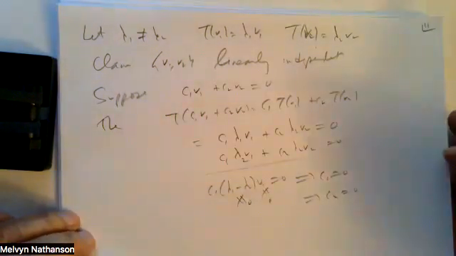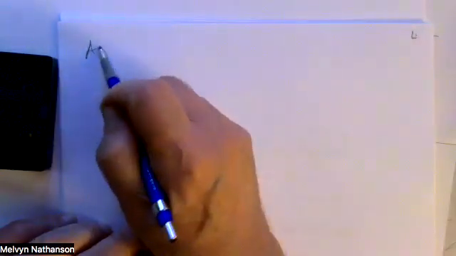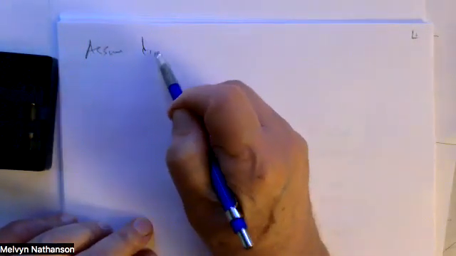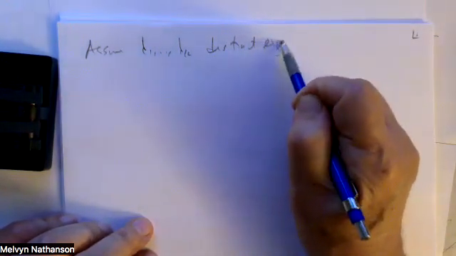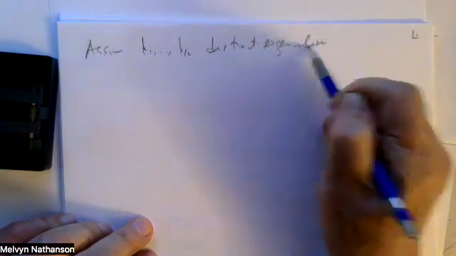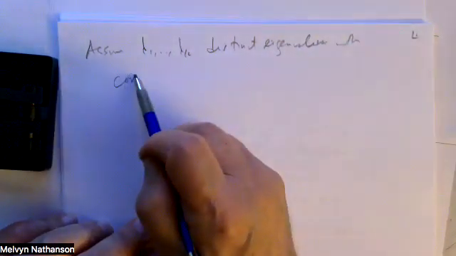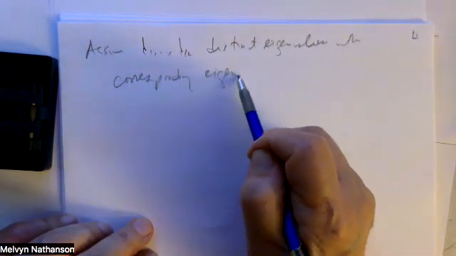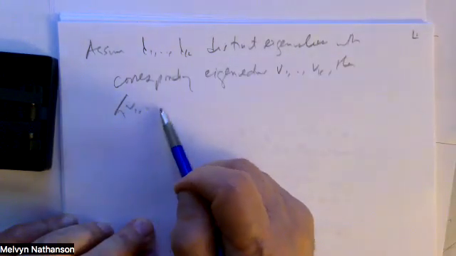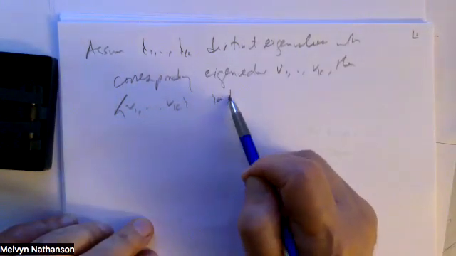So then we would try to prove the general result by induction on K. So assume that if you have lambda 1 up to lambda K distinct eigenvalues with corresponding eigenvectors V1 up to Vk, then the set of these K eigenvectors is linearly independent.